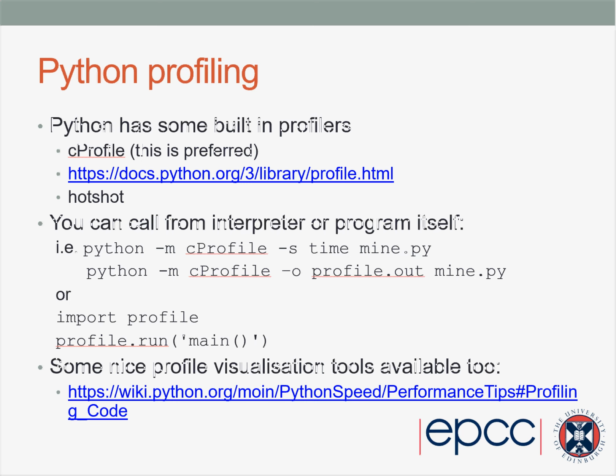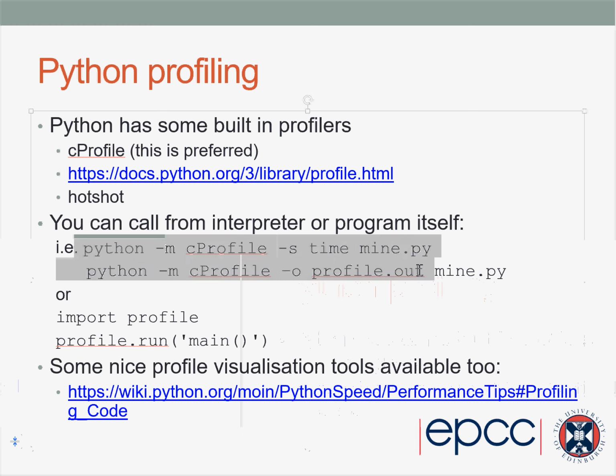And Python has a fair bit of profiling functionality available for you. So Python has some built-in profilers, cProfile, for instance, or Hotshot. And so when you run your Python program, you can actually say, okay, run with this kind of profiling functionality turned on at the command line like this.